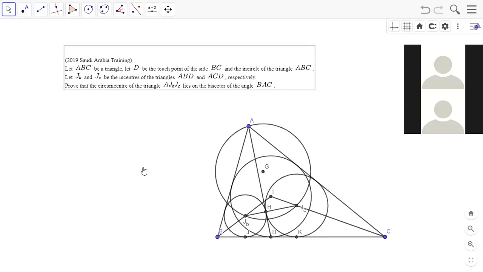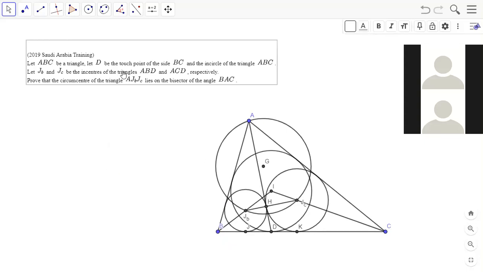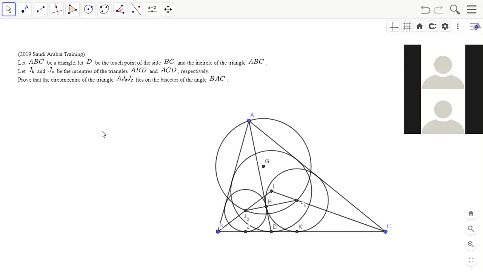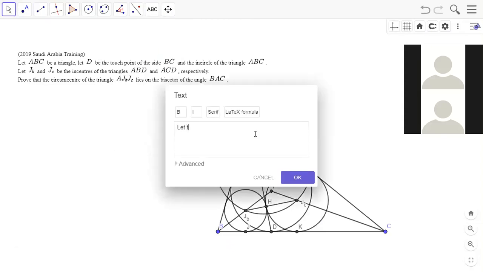So I'll say let the incircles of ABD and ACD be tangent to AD at H and H prime.